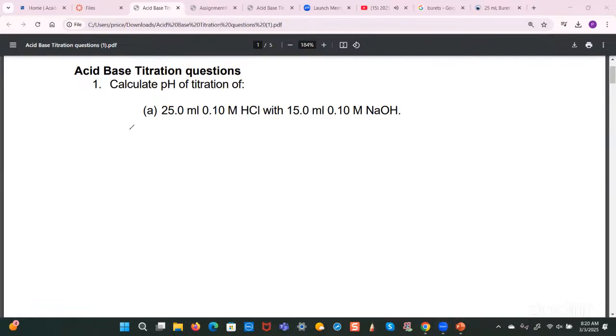of each, right? So I'm going to say here the number of moles of HCl will be equal to 25.0 mL, convert to liters. So you're going to have 1 liter over 1,000 mL multiplied by 0.10 moles per liter. And we work that out.